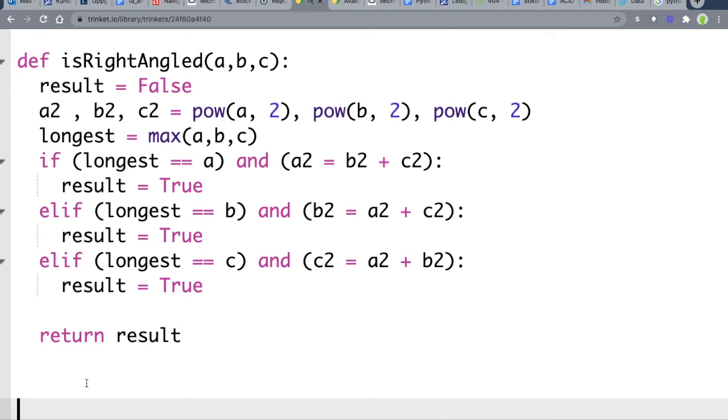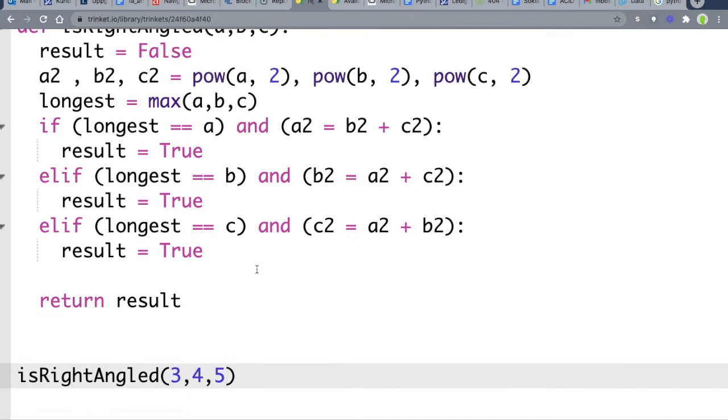So let's see. In this case, if I write "is right angled" and write 3, 4, 5, for example, it will not give a result, because the result is either true or false.